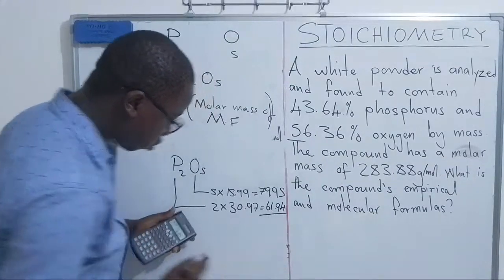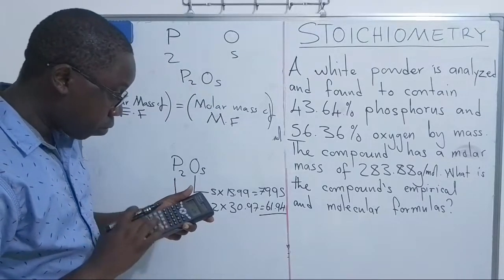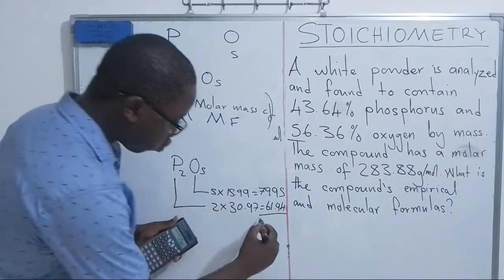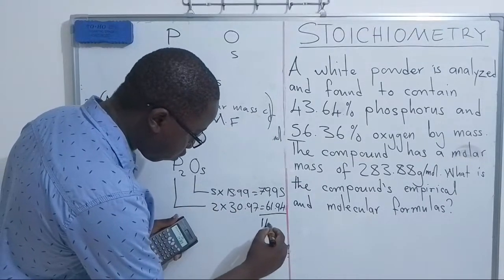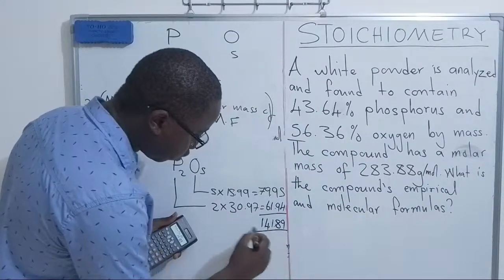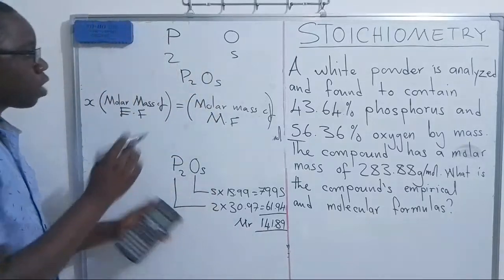The total, 61.94 plus 79.95, gives us 141.89.